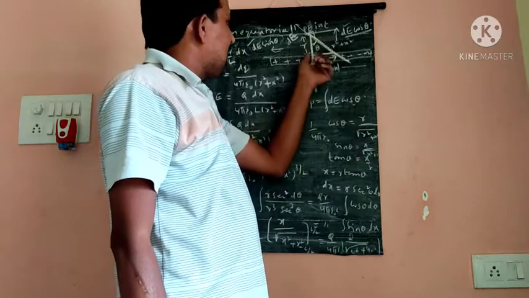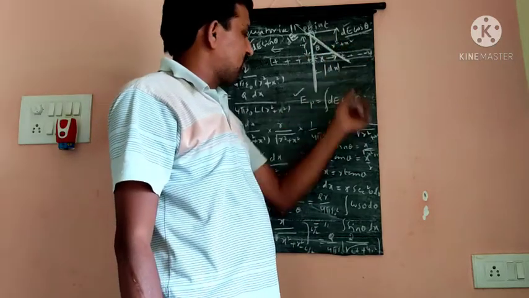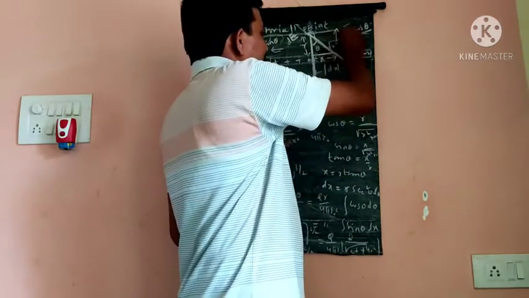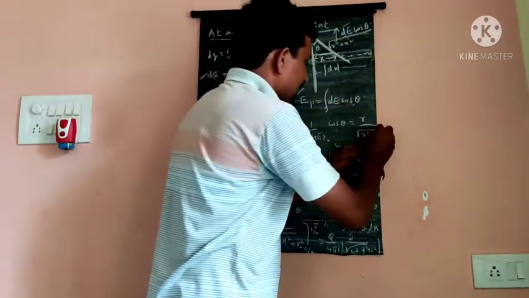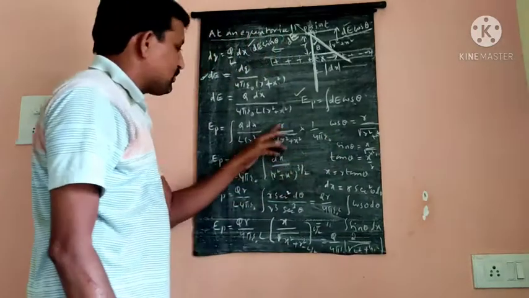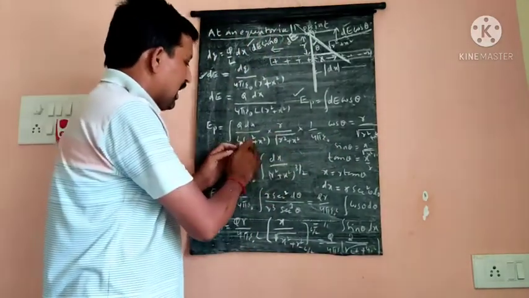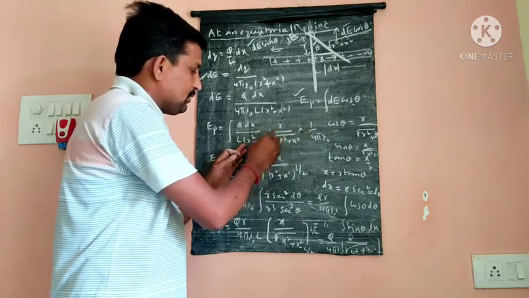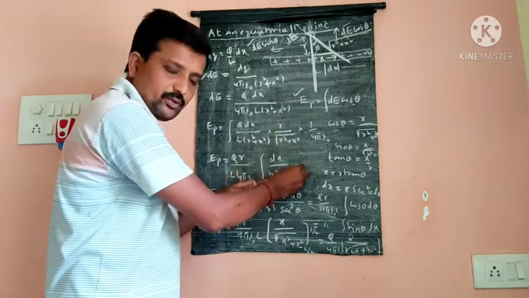Here the adjacent side is r, the hypotenuse is the root of r square plus x square. So cos theta is r by root of r square plus x square. Substituting the cos theta value, we get r square plus x square whole power 3 by 2.